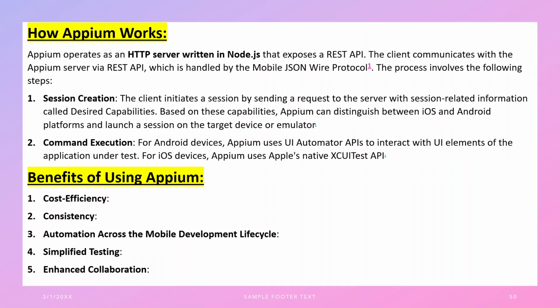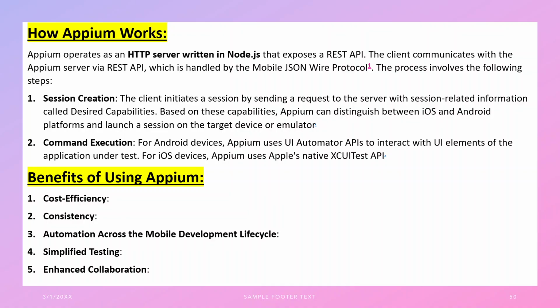Okay, and next one is the command execution. For Android devices, Appium uses the UI Automator API to interact with the UI elements of the application under test. For iOS devices, Appium uses the native XCUITest API. Means, when the session is created, we are sending some commands from the client to the target devices.